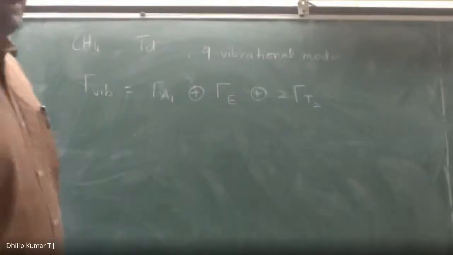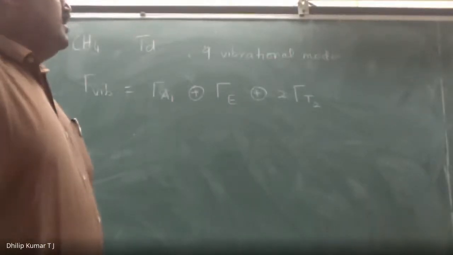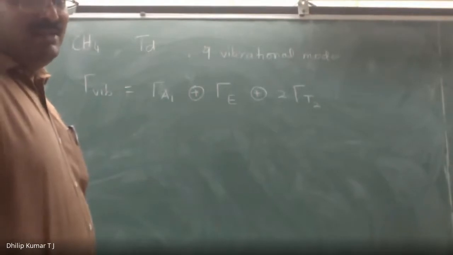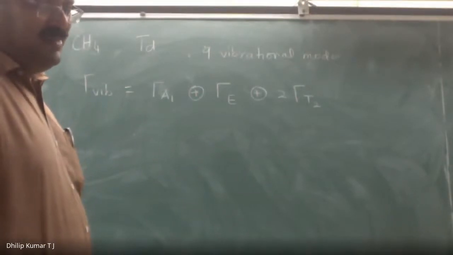No, your answer is wrong. How did you get this answer? 3 IR, how? Sir, total 9 modes, and Raman active will be A1, E, and T2, all 3. And IR will be T2.